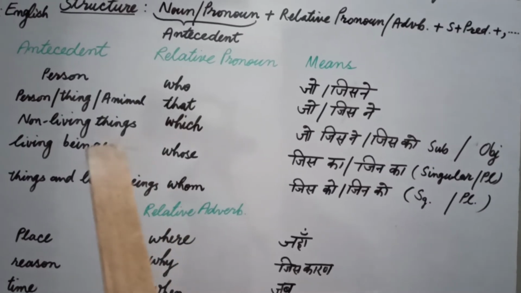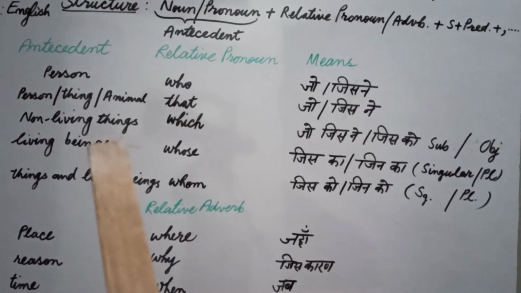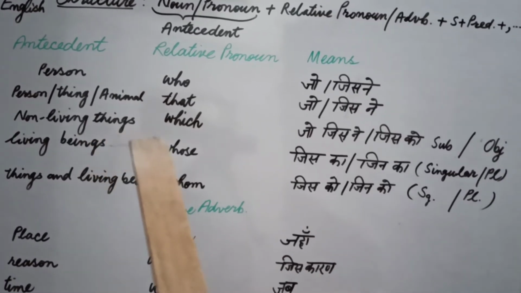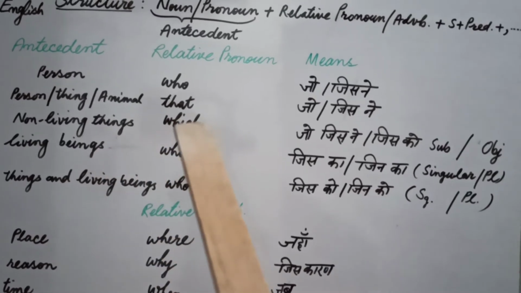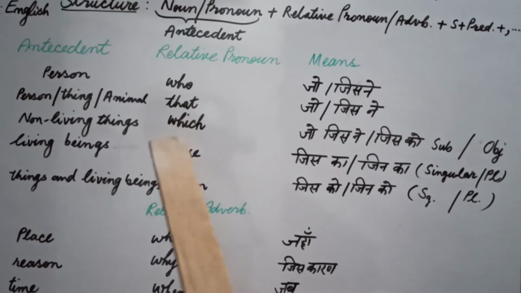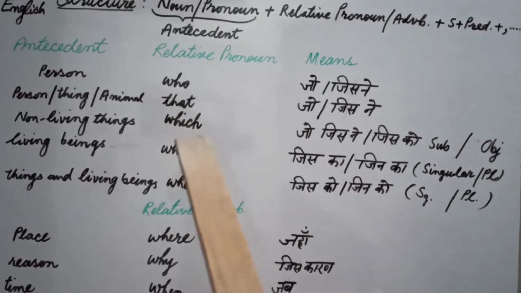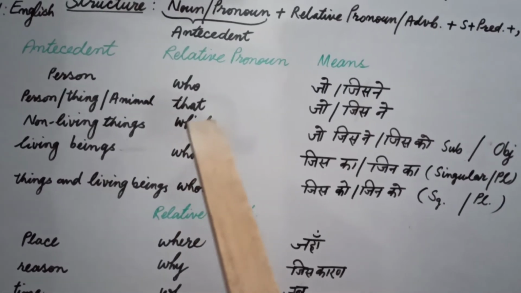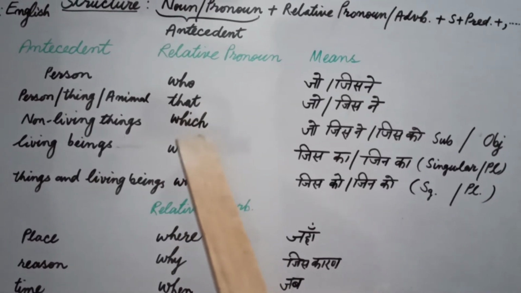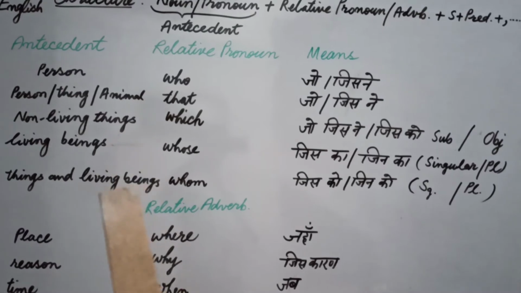I mean, suppose ant, we can't say whether it is male or female. In such types of insects, in such types of animals, we use which. Sometimes we use which with cow, buffalo, ox. It will do, but it would be better that we use that in that case. Otherwise, which should be used only for non-living things.